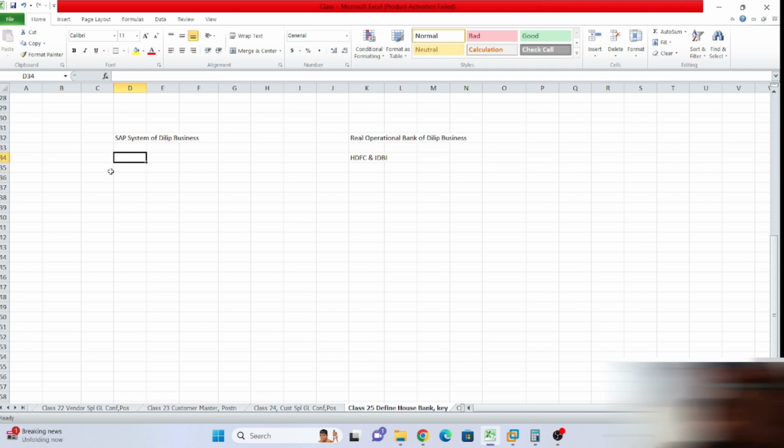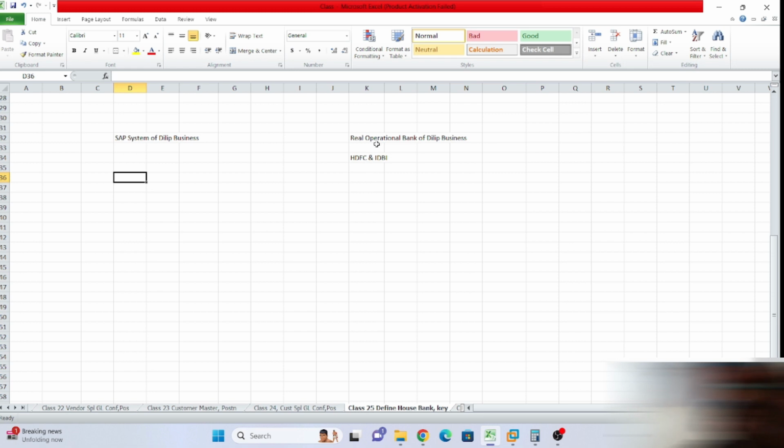If payment is being made to a vendor, first that payment has to be done in the SAP system. After that, the payment will be done from the real operational bank, because data should be maintained in the SAP system, like how much payment has been done. For recording purposes, to maintain the data, payments or receipts have to be maintained in the SAP system first.